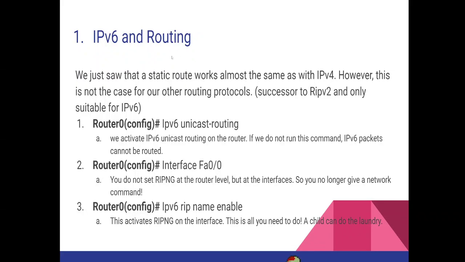We just covered local routing, or just routing in general, for IPv6, but sometimes you have a big, gigantic network, and you want to make it more dynamic, and that's where OSPF and RIP come in.